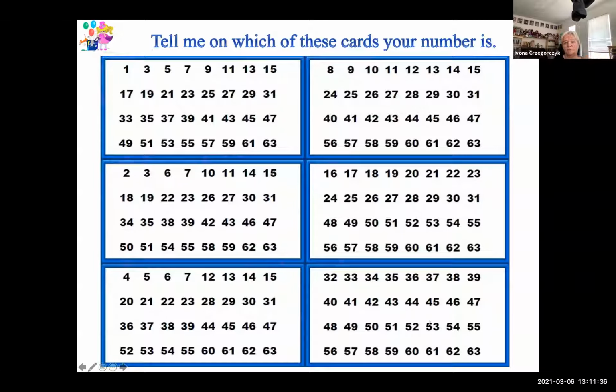For example, if my number is 53, I'm checking, okay, I will need the stamp of 1. As a magician, if you say yes, I write down 1 and keep it in my mind. 53 is not on the 2 card, so I'm not using 2. 53 is on this card, so I have so far 1 plus 4.